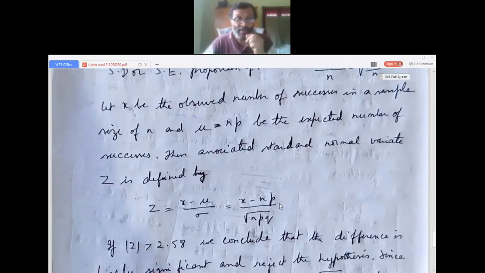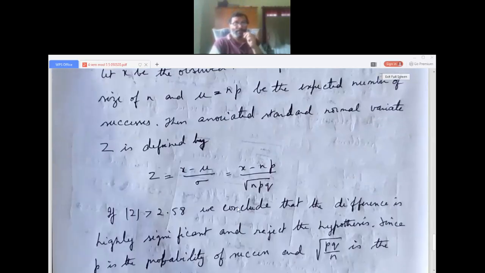So mu is NP, sigma is root NPQ, so Z is X minus NP by root NPQ.